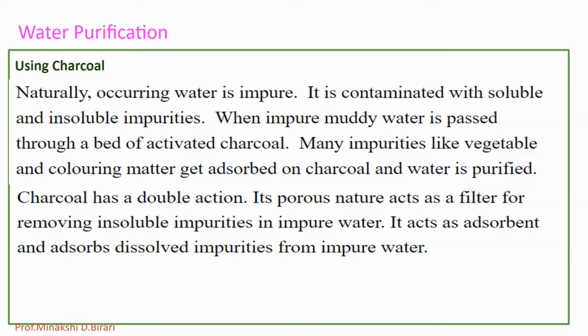The cation exchange resins are first treated with dilute acid. H+ ions of the acid get adsorbed by the resin, and the anion exchange resins are treated with dilute alkali. OH- ions of the alkali get adsorbed by these resins.